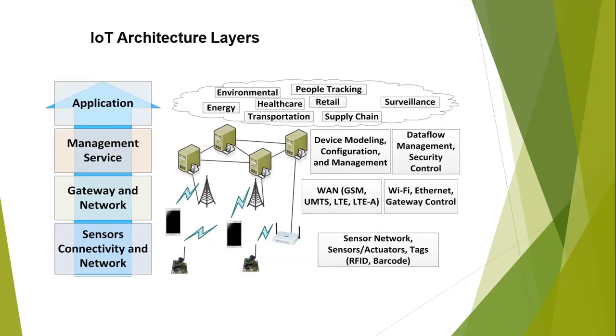This is where we have energy, environment, healthcare, transportation, supply chain, retail, surveillance, and many more endless applications. In order to understand, we need to look into each of these in detail.